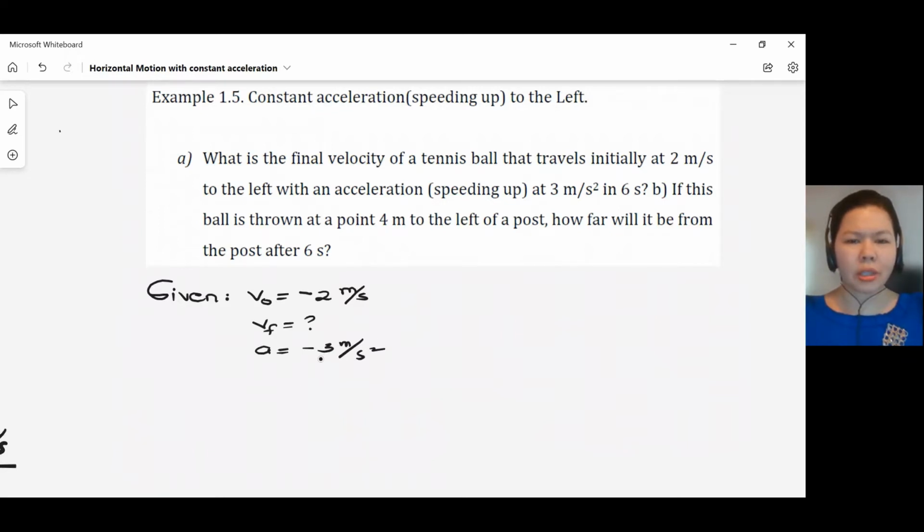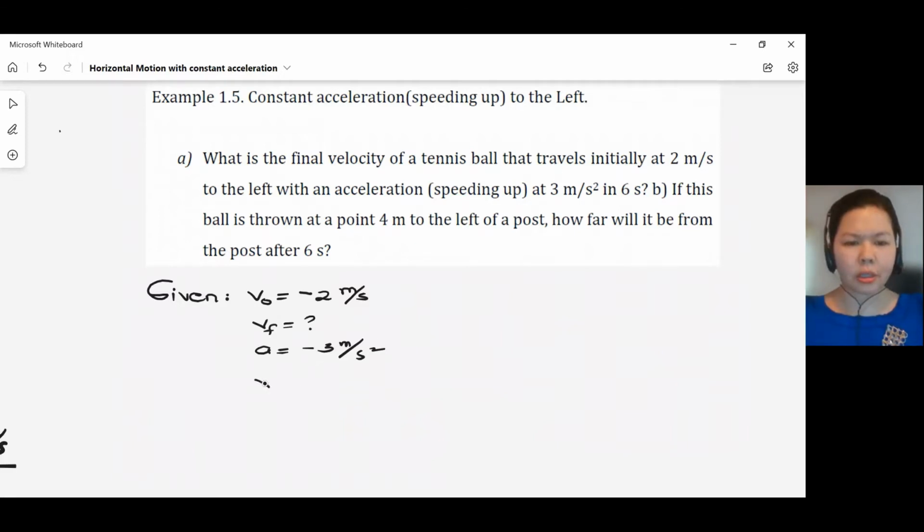So since this object is accelerating, its acceleration vector is directed towards the direction of motion, which is to the left. Thus, negative 3 meters per second squared.